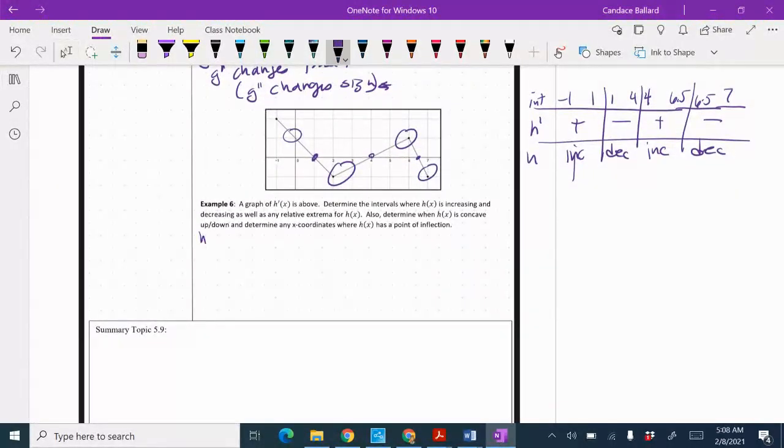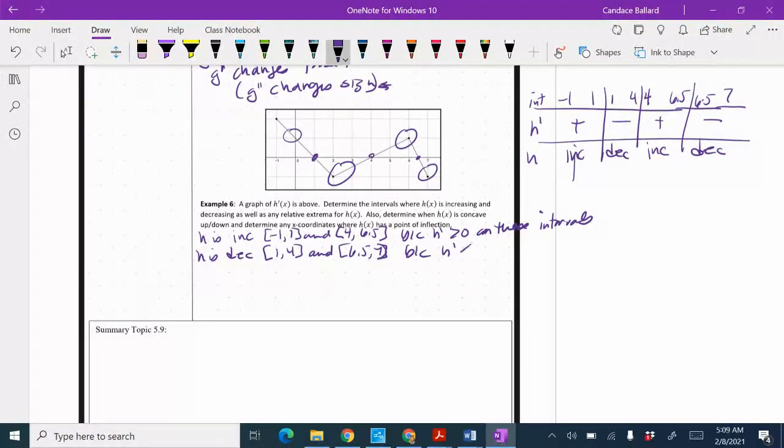So we've got h is increasing on -1 to 1 and 4 to 6.5 because h prime is greater than 0 on these intervals. H is decreasing on 1 to 4 and 6.5 to 7 because h prime is less than 0 on these intervals.